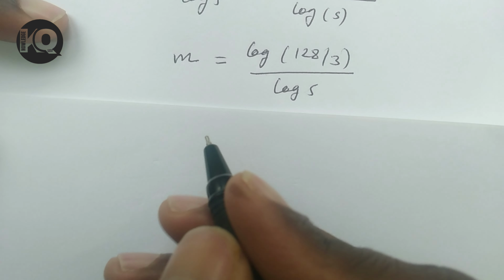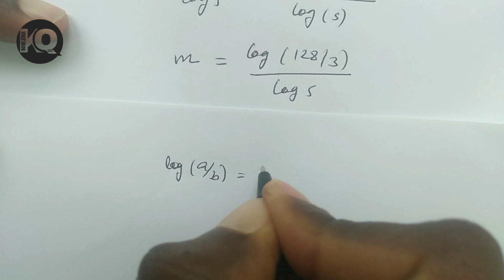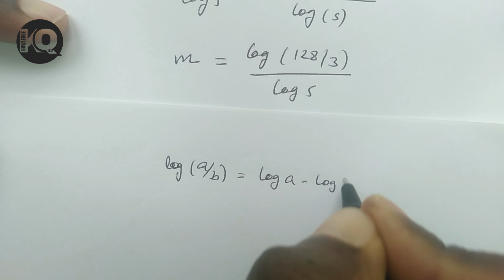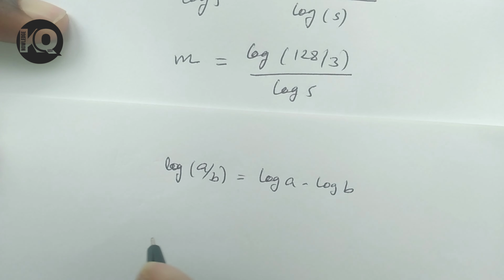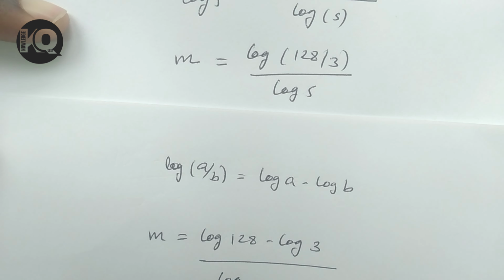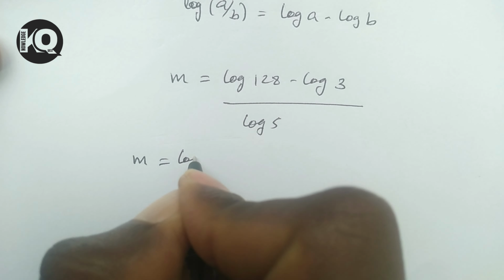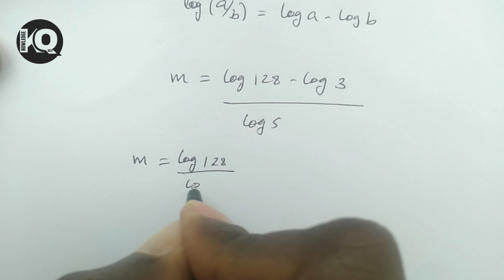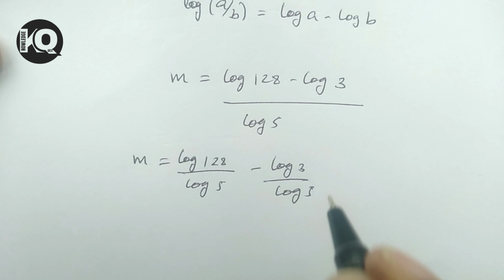Now we know that log of a over b is equal to log of a minus log of b. So let's apply this expression in the numerator. So m is equal to log of 128 minus log of 3, divided by log of 5. So let's separate the terms. m is equal to log of 128 divided by log of 5 minus log of 3 divided by log of 5.